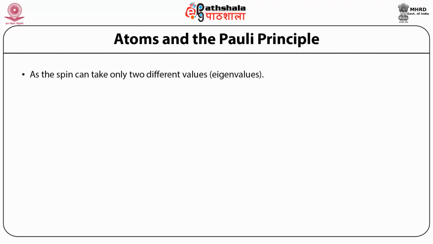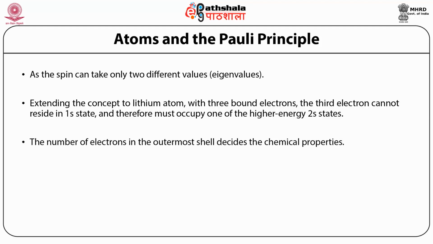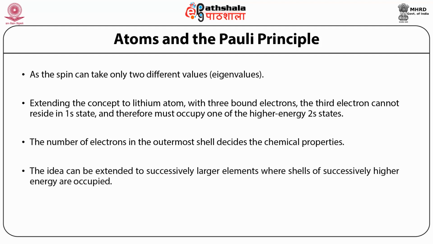As spin can take only two different values, which we refer to as eigenvalues, extending the concept to a lithium atom with three bound electrons, the third electron cannot reside in the 1s state and therefore must occupy one of the higher energy 2s states. The number of electrons in the outermost shell decides the chemical properties. The idea can be extended successfully to larger elements where shells of successively higher energies are occupied.